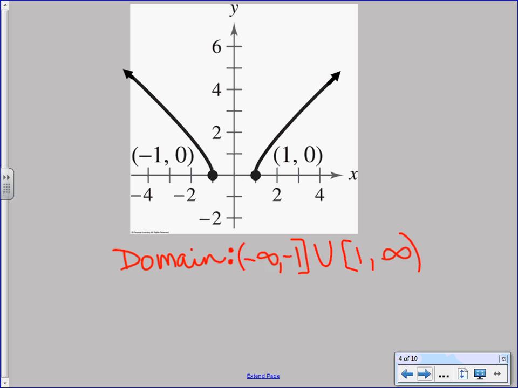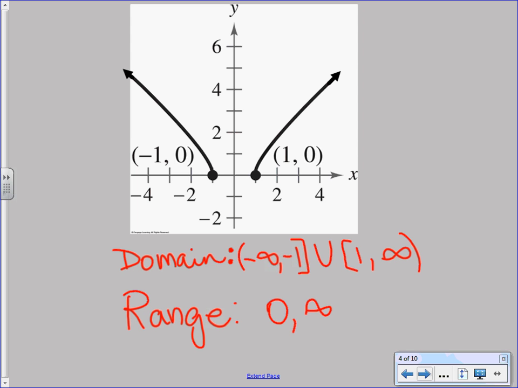Let's talk about our range. Where do we have y values? Okay, so I'm going to just look along, like up and down the y-axis. Where do we have y values? Okay, they start at 0 and get bigger, right? So how would I write that as an interval? 0, comma, infinity.